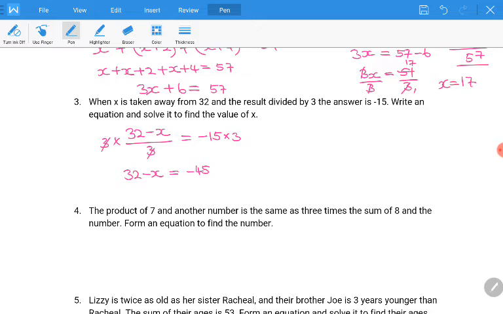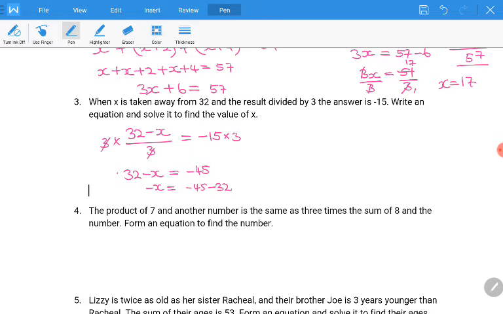Then here, negative x is equal to negative 45. This positive 32 is going to the right hand side, so it's going to become negative. So negative x is equal to negative 45 minus 32.